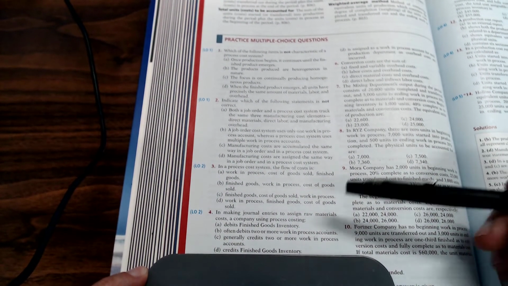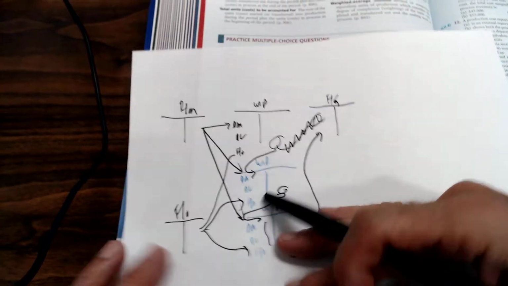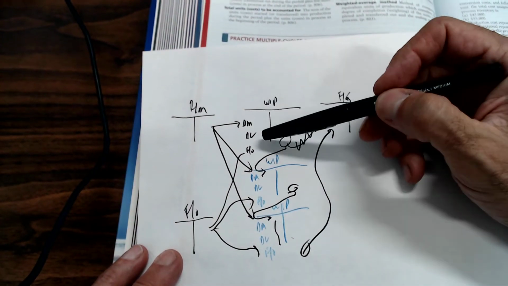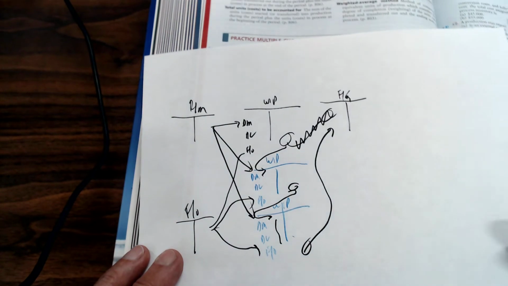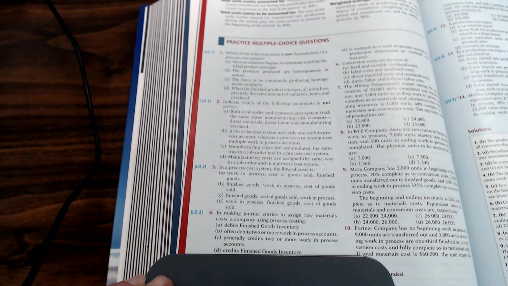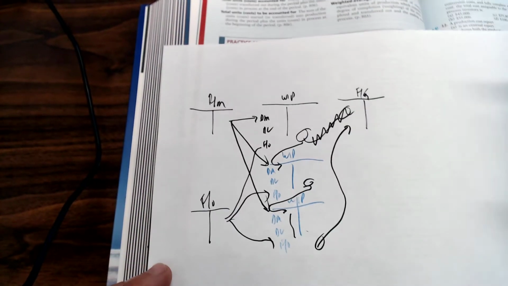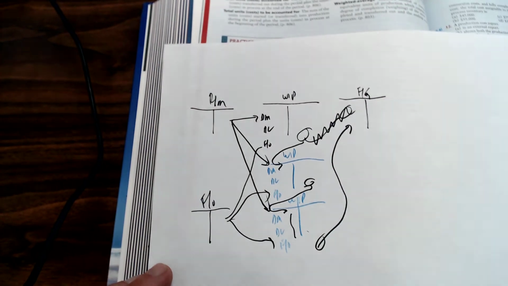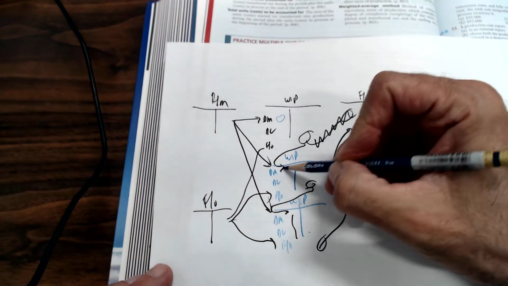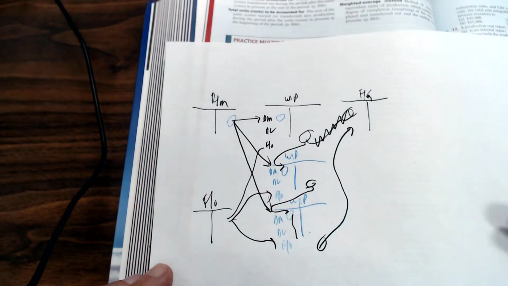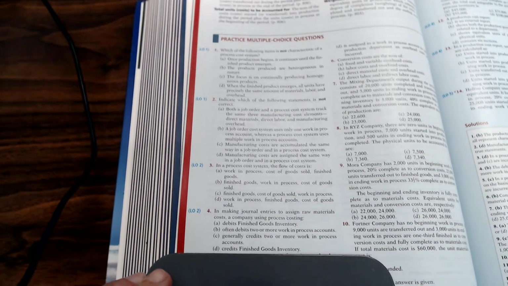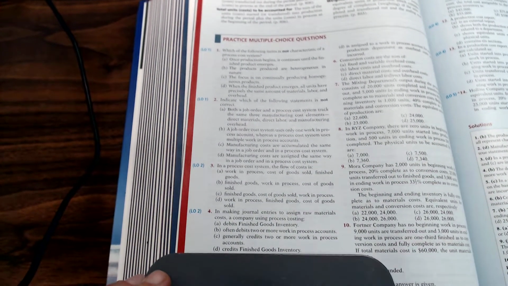Yes. It debits multiple work in process accounts? Yes. Generally credits 2 or more work in process accounts? Nope. It's always we're charging raw materials used. Credits finished goods? Yeah.